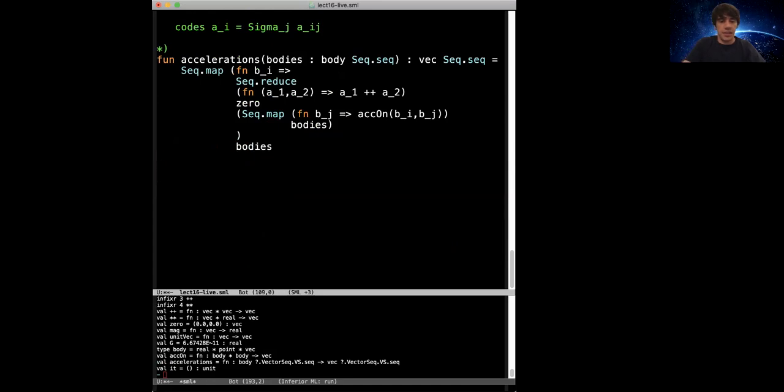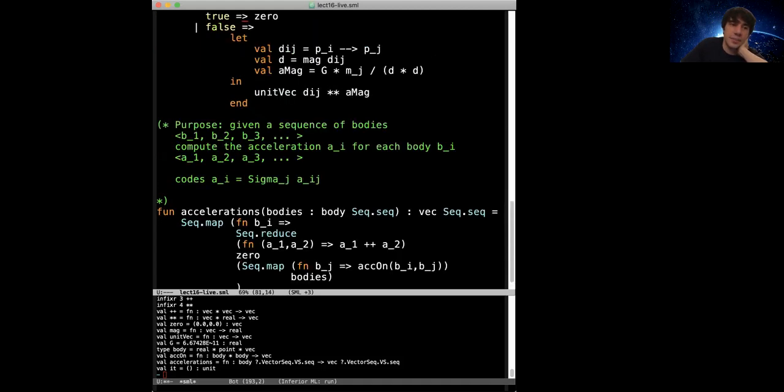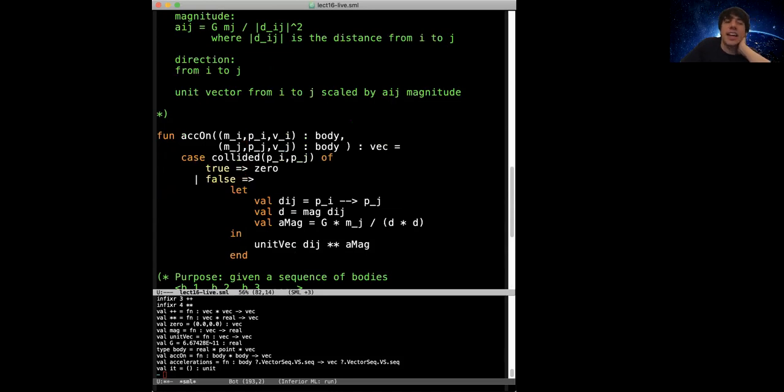Okay, so last bit is what are the work and span of this. So the work, basically we can think of it as, remember for map, what we do for the work is we add the work of all of the instances of the function. So what we're doing here, if we look at acon, you can see that acon is all order 1 constant time because it's just doing a bunch of vector operations.